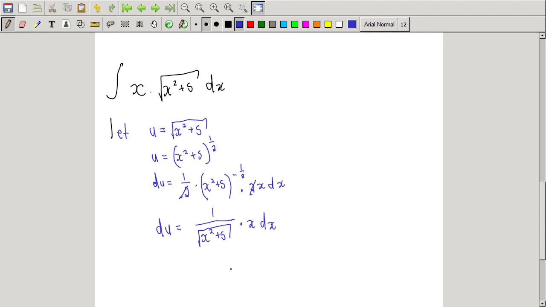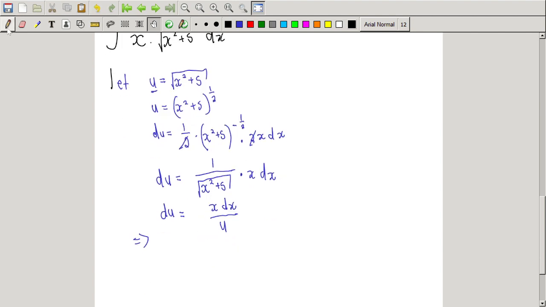But I know very well that in the place of the square root of x squared plus 5, I write u. So du is equivalent to x dx all divided by u. Then this implies that u multiplied by du is equivalent to x times dx.